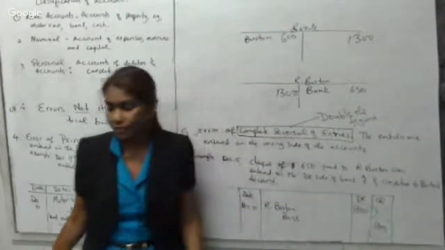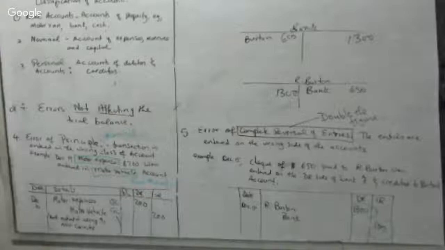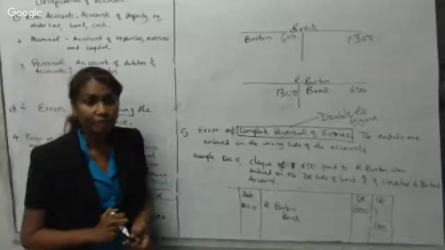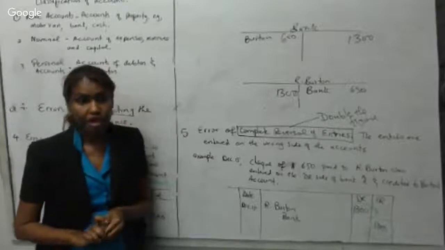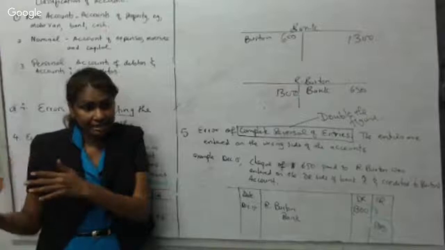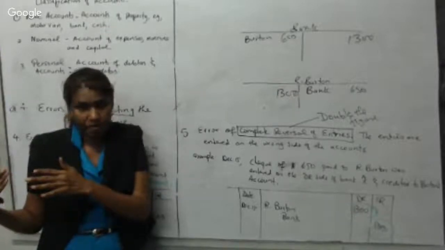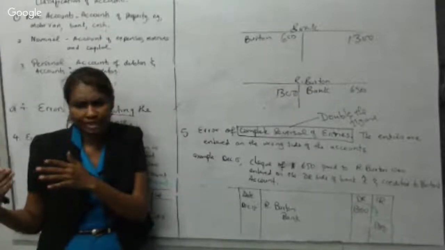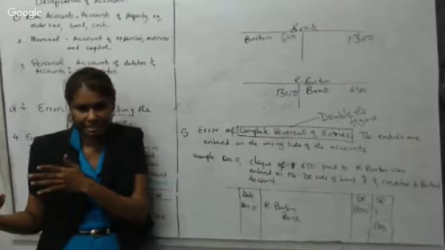Once an entry is made on the wrong side of an account, the only way you can correct it is by doubling the figure. If you're going to correct it by just simply moving it to the other side, all you're doing is canceling out. So you do that if you want to eliminate it.